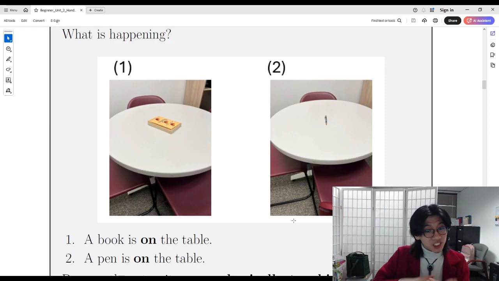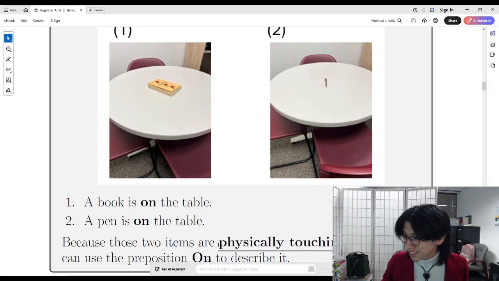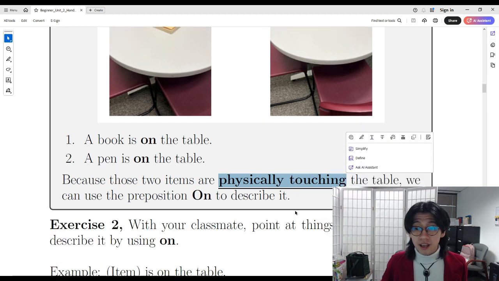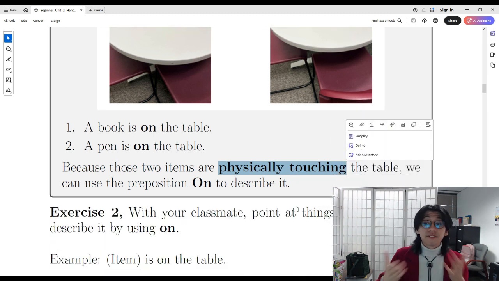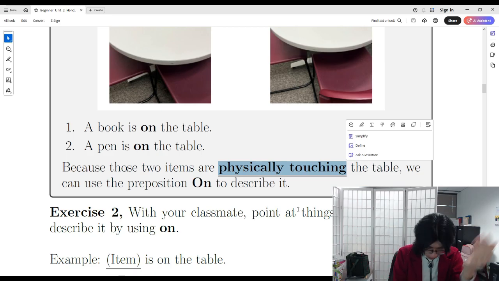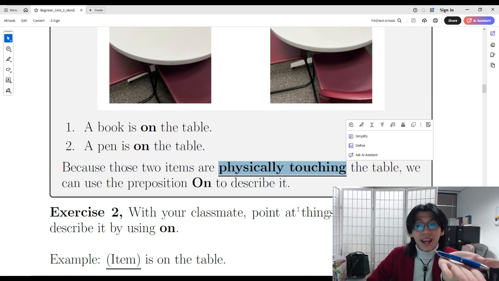It's physically touching, okay? I'm going to show this one more time since this is very important: we can use on if and only if the item is physically touching the table or the surface, right? It doesn't have to be a table. Maybe I can say a pen is on my hand, on Coco's hand, right?